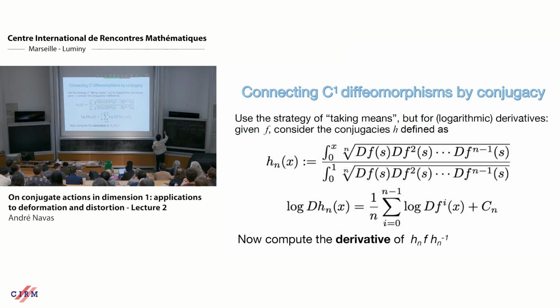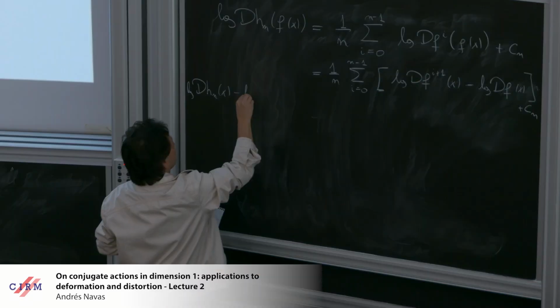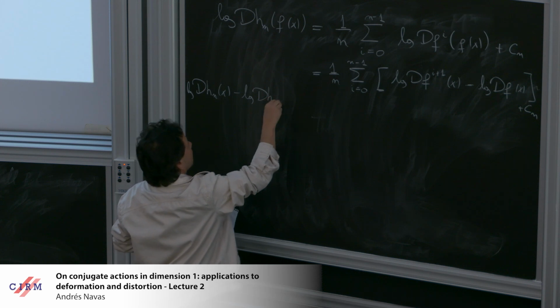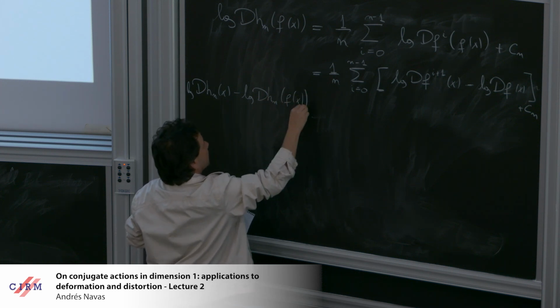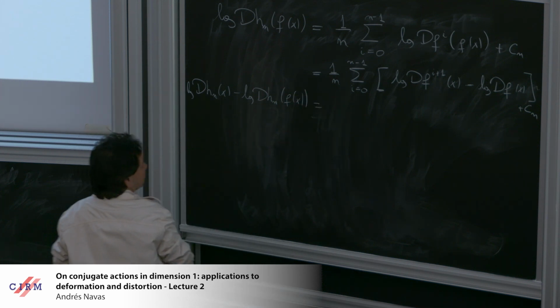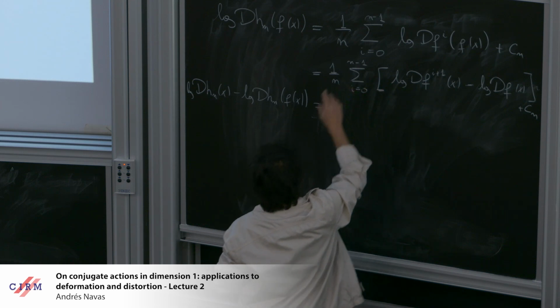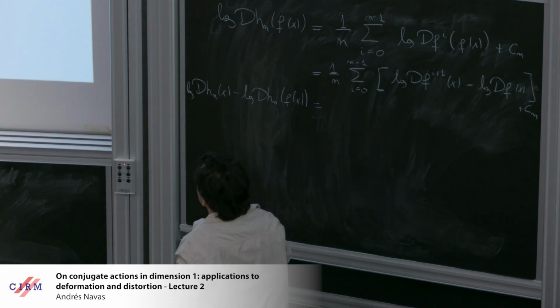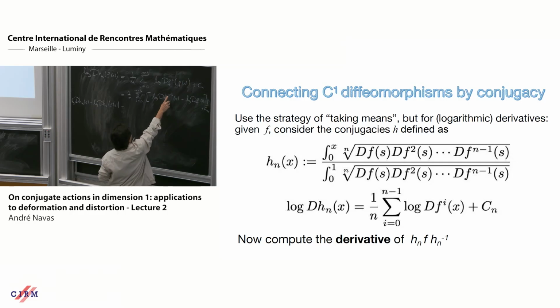So we have the logarithm of this minus the logarithm of this, and both expressions are almost the same. Here we have exactly the same sum, except that we change the exponent from i to i plus 1, thank you, Helen.